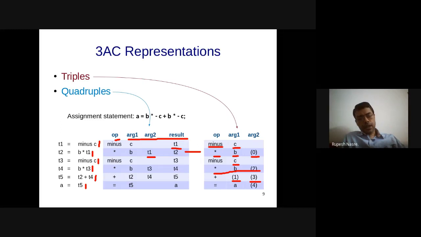Okay, so one advantage of quadruples is that if you want to reorder instructions for some reason, that is easier to do in a quadruples representation compared to a triples representation. The reason being that the statements are kind of independent, whereas here, as soon as you reorder, their relative positions change, and that can affect the rest of the numbering. So if I change 0, that is going to affect 1, 2, 3, etc. So that is going to be one important reason why quadruples might fare better.